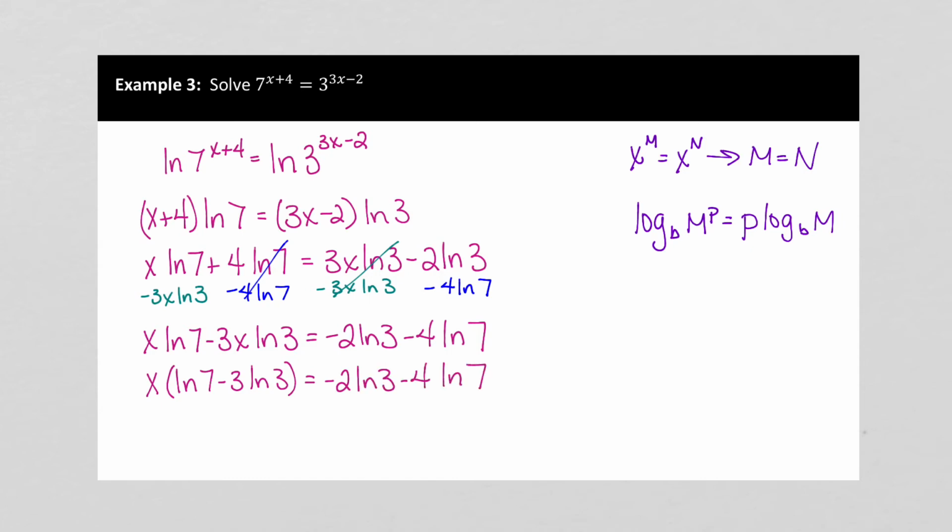And keep in mind that natural logs, or logs, no matter how many of them there are in your problem, are just numbers. So this is just saying like 3x equals 2. At this point, divide both sides by what's being multiplied by x. That's natural log of 7 minus 3 natural log of 3.